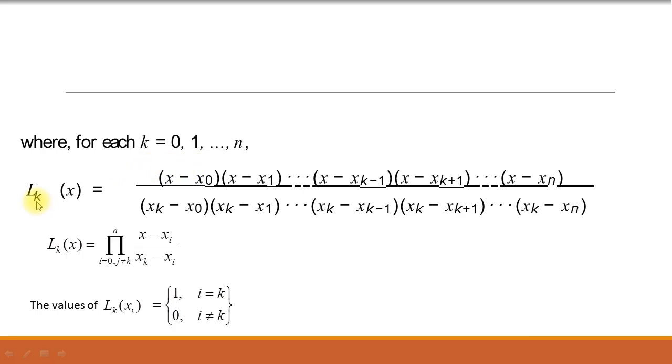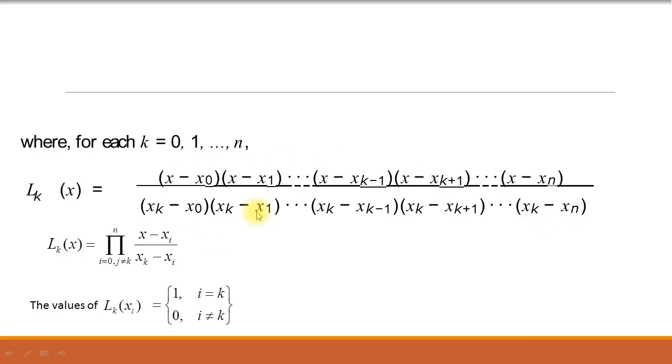n. Lk of x is equal to x minus x0 into x minus x1 up to x minus xk minus 1 into x minus xk plus 1 up to x minus xn, divided by xk minus x0 into xk minus x1 up to xk minus xk minus 1 into xk minus xk plus 1 up to xk minus xn.